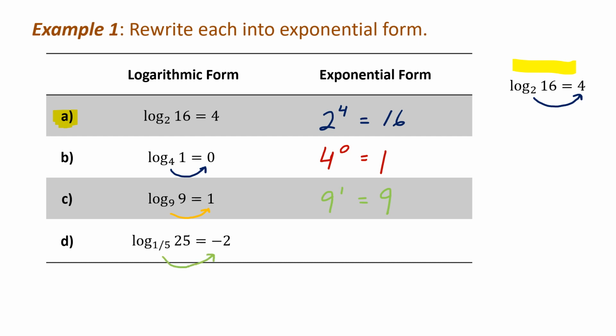So we're just rewriting it. So 1/5 to the -2 power equals 25. And if you apply your exponential properties, 1/5 to the -2 power is really just 5 squared, which is how you get to 25.